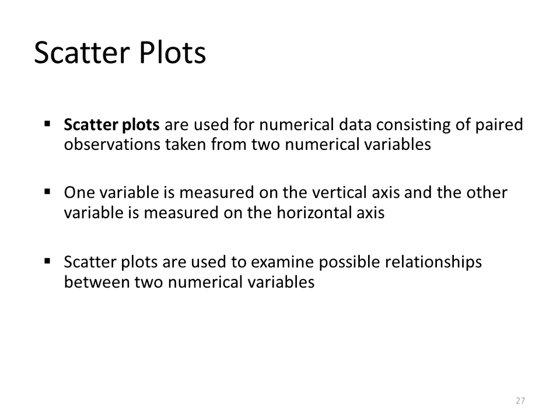Now scatter plots are used for numerical data consisting of paired observations taken from two numerical values. One variable is measured on the vertical axis and the other one is measured on the horizontal axis. Scatter plots are used to examine possible relationships between two numerical variables.